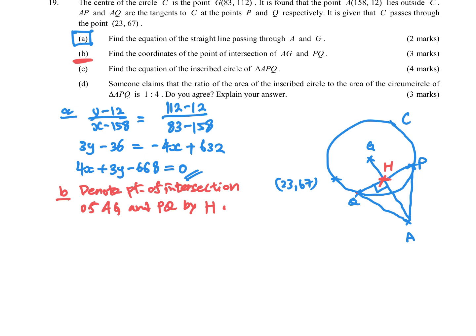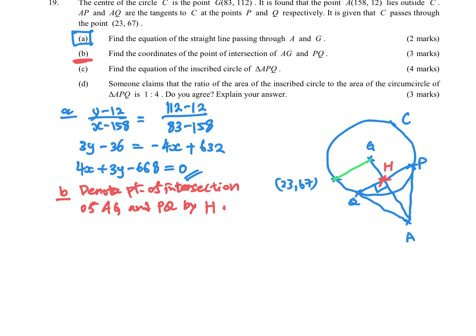Now PQ is a chord, and a line from the center to the midpoint of a chord is perpendicular to it. So, some circle geometry: PQ is perpendicular to line segment AG. But for PQ we do not know anything, so here we try to do some calculation because G has been given.